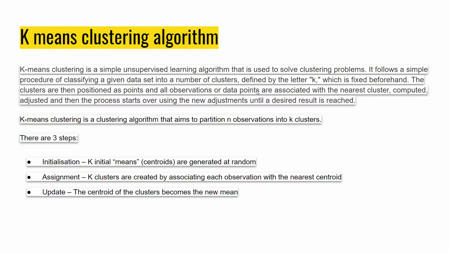The algorithm would randomly take 5 different means in the data, and then find all the data points which are near to that mean, which have the least distance from that particular point, and that would be considered the cluster.